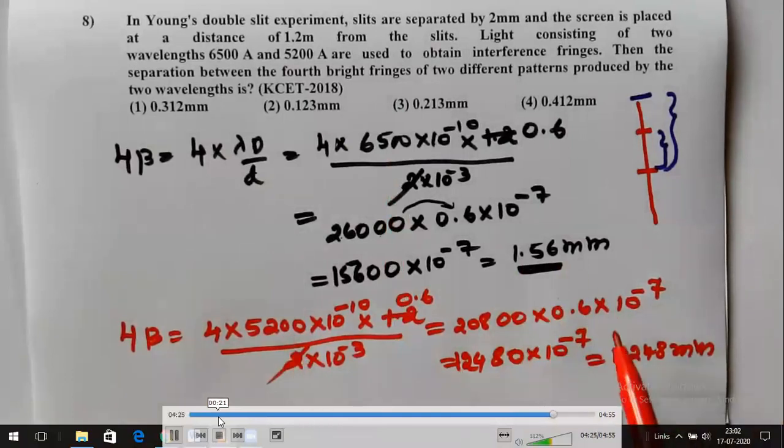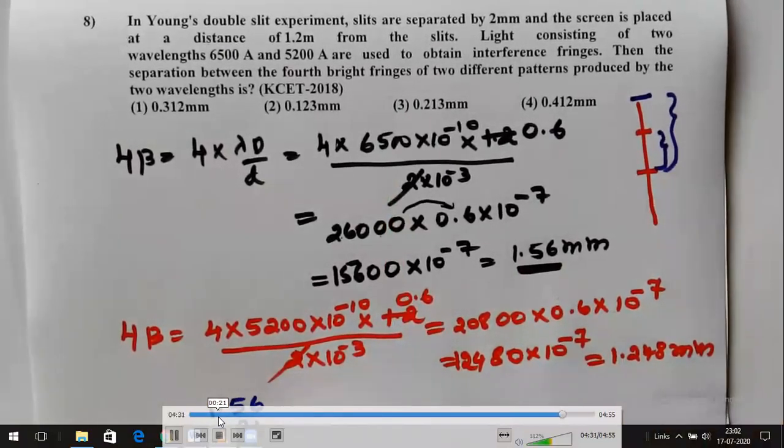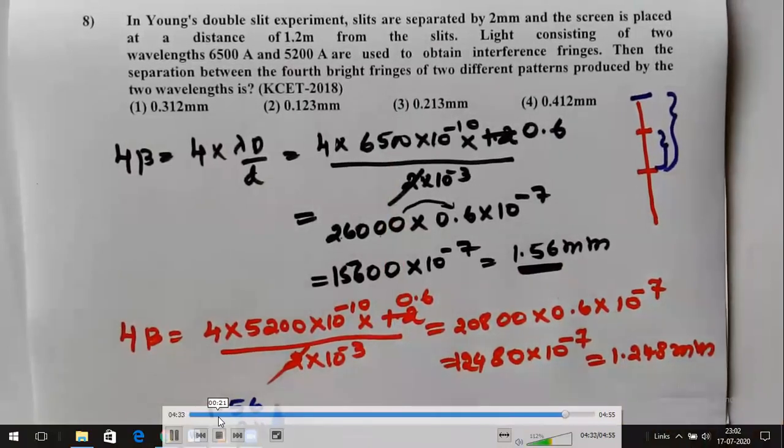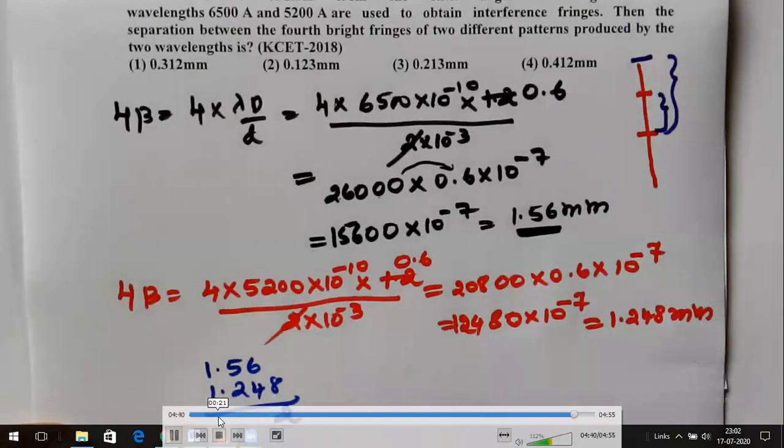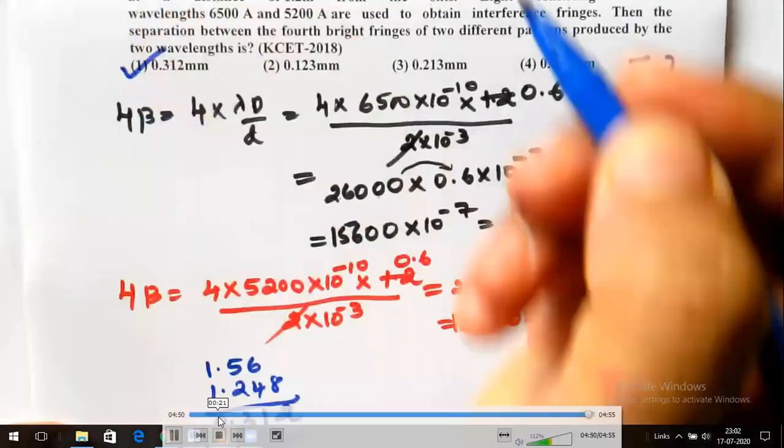So what is the distance between them? So get the difference between them. 1.56 millimeter minus 1.248 millimeter. So that corresponds to 0.312 millimeter, option 1.